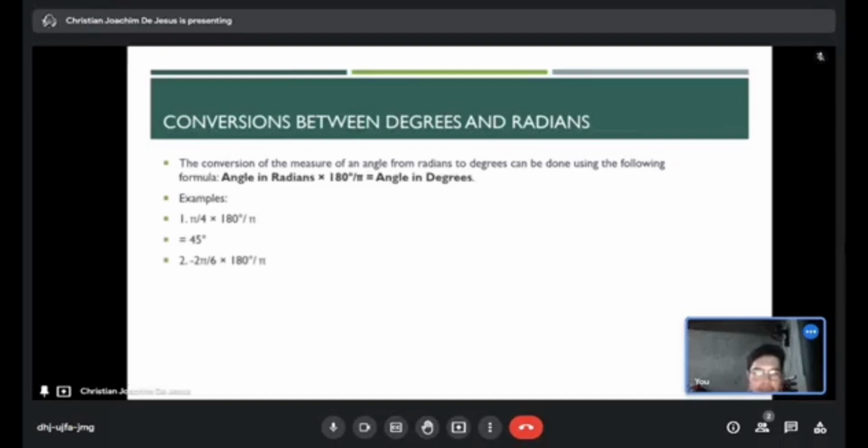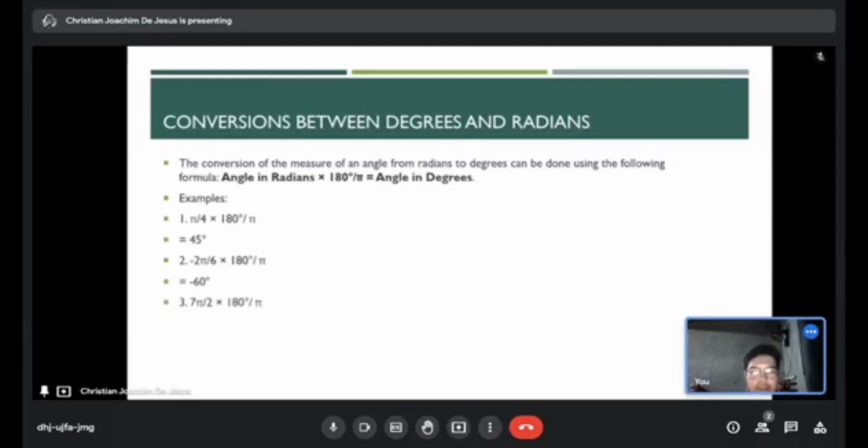Number 2. Negative 2 pi over 6 times 180 degrees over pi. Cancel the pi, and negative 2 times 180 is equal to negative 360. Divided by 6, it is equal to negative 60 degrees.